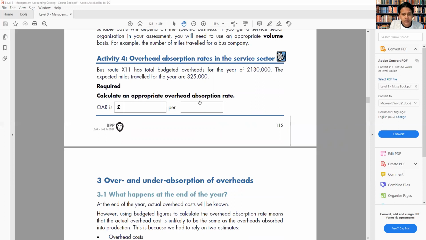Calculate an appropriate overhead absorption rate, of course per mile. So how much will it be? 130,000 total overhead, and 325,000 miles traveled. That gives us 40 pence per mile.